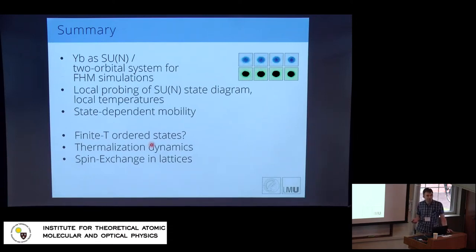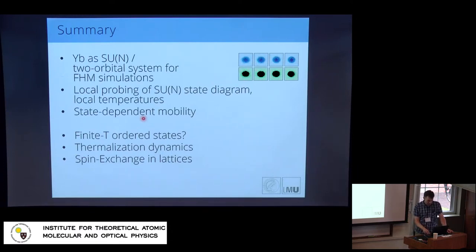There is also great work in groups in Japan, in Kyoto, and Boulder. And increasingly there's theoretical work available, in particular for the SU(N) case. We can now implement state-dependent mobility in practical ways so that we can really introduce two-orbital properties to models. And this allows us to hopefully look at many interesting questions.